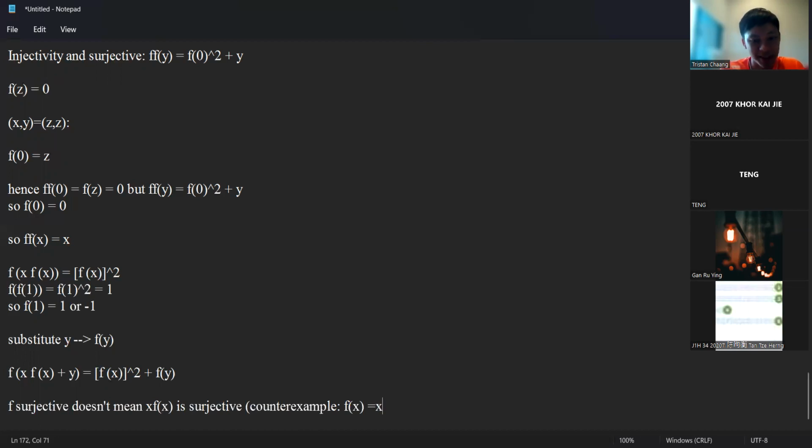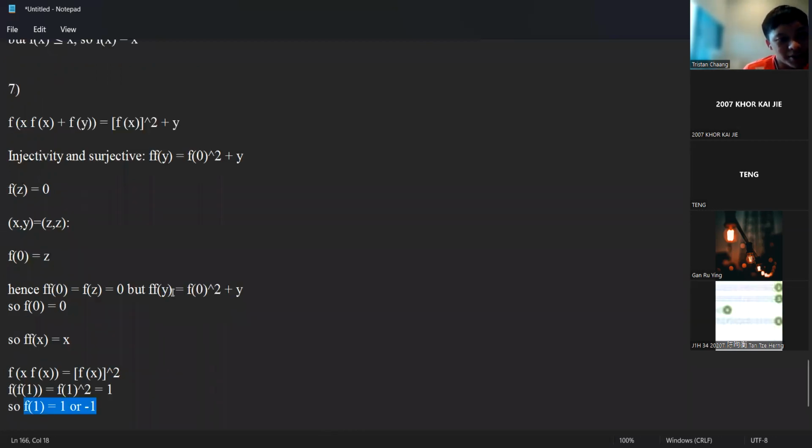Or even fx equals x. It won't go through the negative numbers. But now we have this very nice condition. f1 is 1 or minus 1.